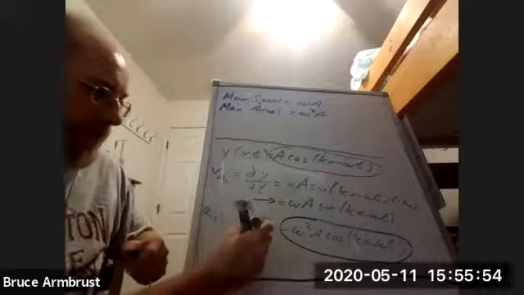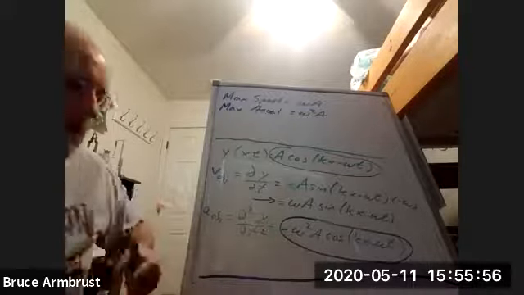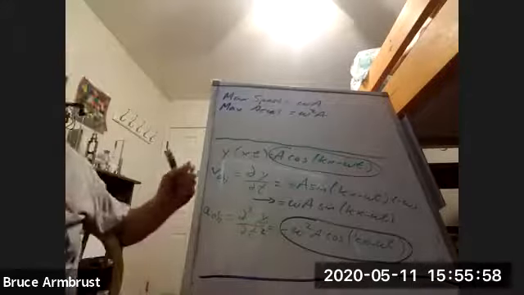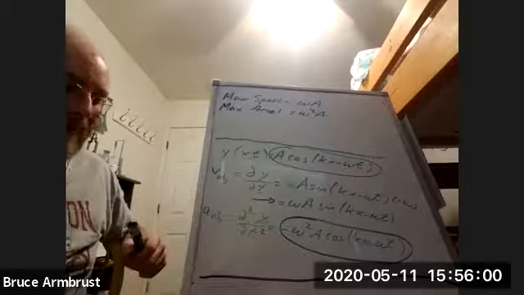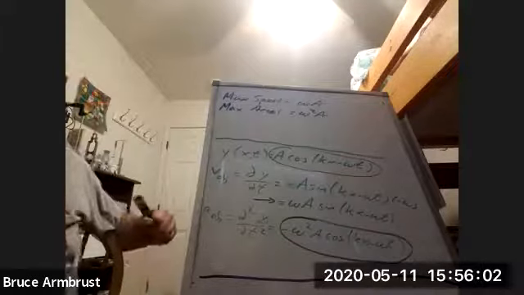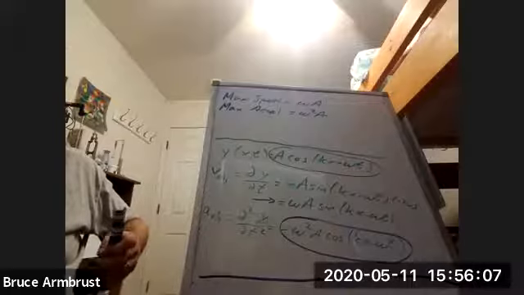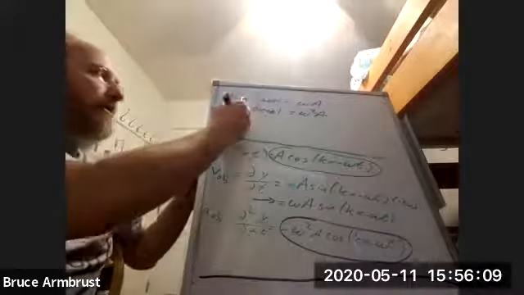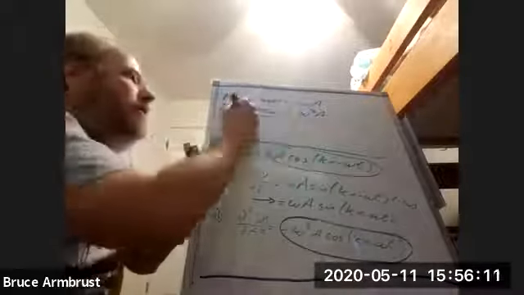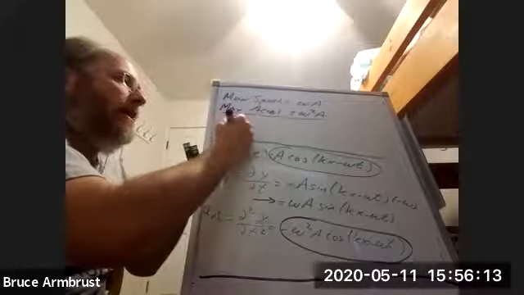I forgot to put the 2 here. Let's look at a second derivative with respect to position. So I'm going to want to do kind of the same thing, but this time let's do a d squared y dx squared.